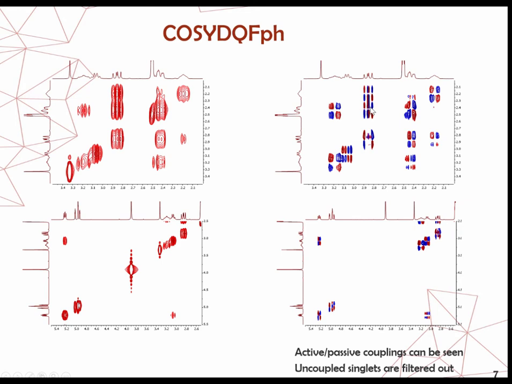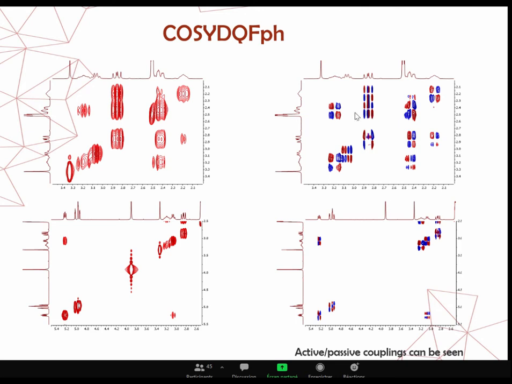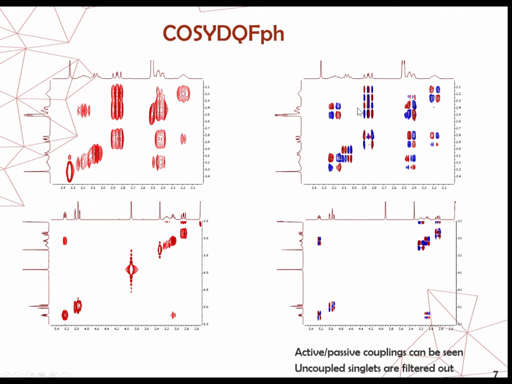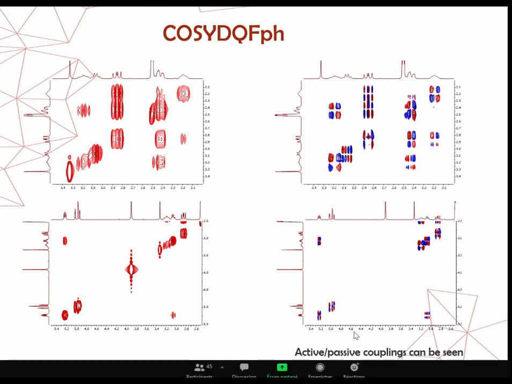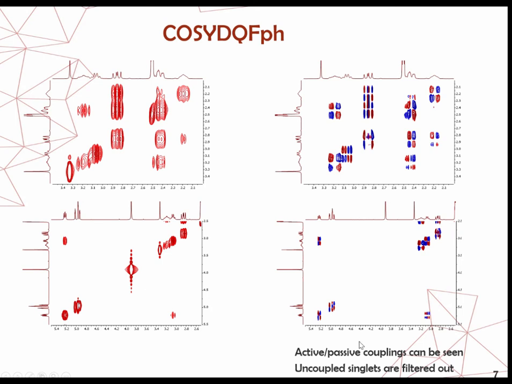So in some cases you can get more information. The duration of this experiment is more important than the standard COSY experiments. So use it if you need it, but you have to know that it's longer.